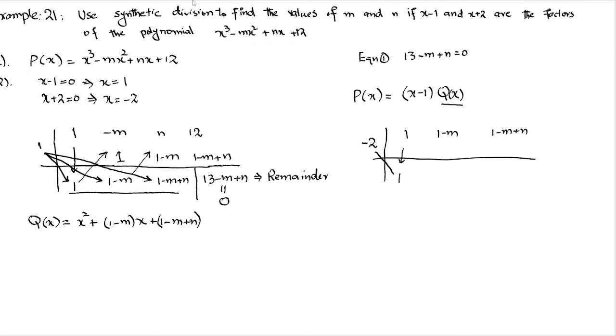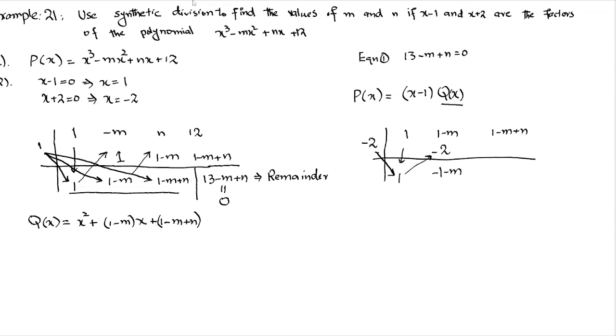Now this 1 multiplied with minus 2 is minus 2. The multiplication is written under the next coefficient. Now we will perform addition of minus 2 plus 1 minus m. So minus 2 plus 1 is equal to minus 1, and minus m is written as it is.